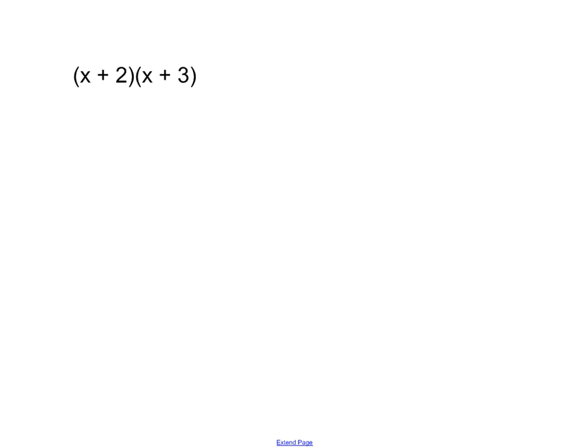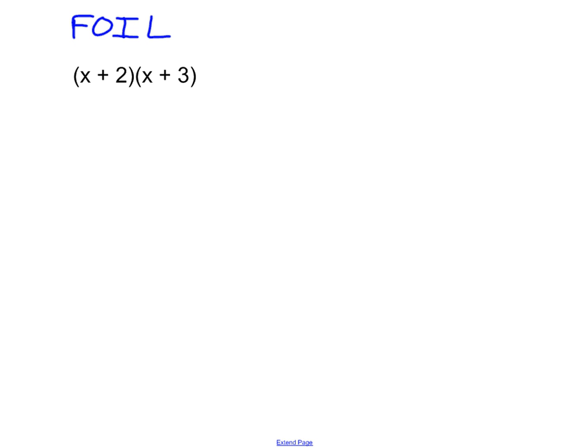Using that same idea, we're going to start with the multiplication problem, and then go back and figure out what our factors are. We've seen these problems before, and we use FOIL on these.